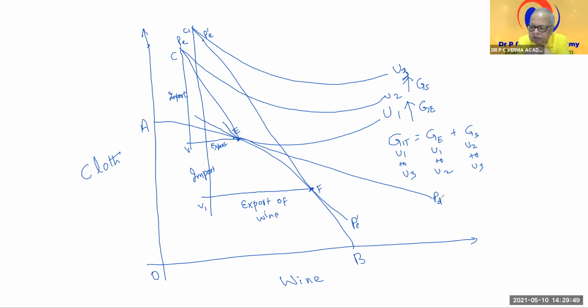Consumption level will change, production level will change, and a final point will emerge due to international trade, after the intermediary first step.